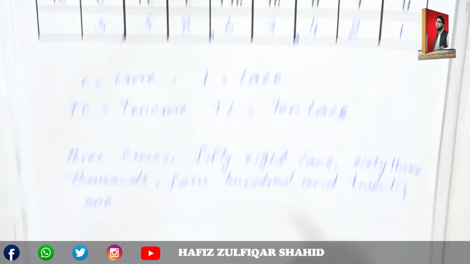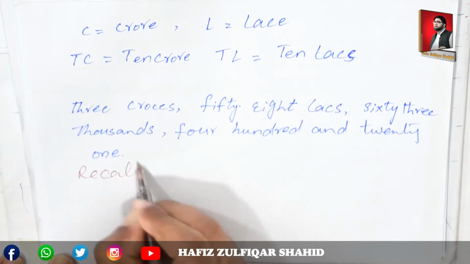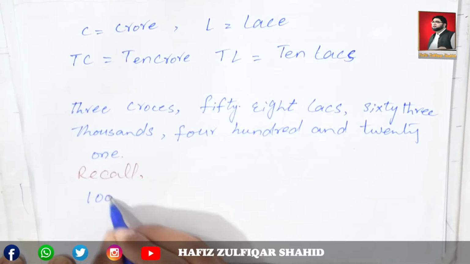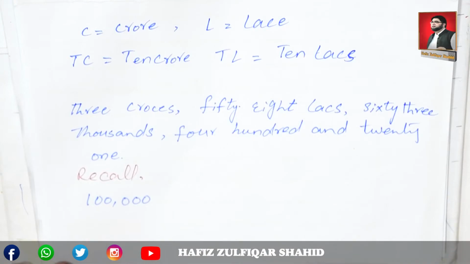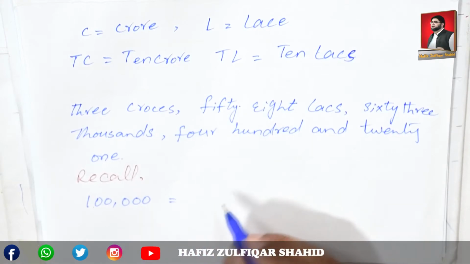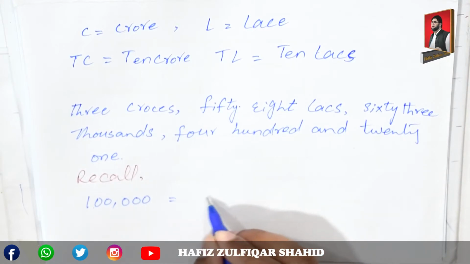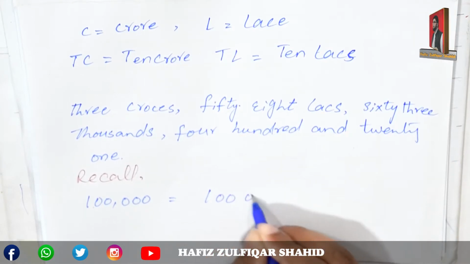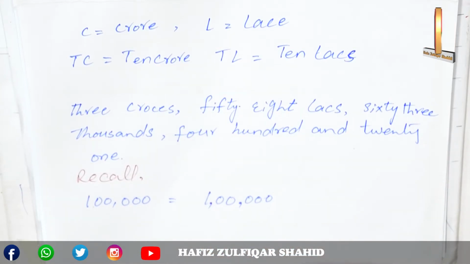Now let's recall. If we have 100,000 in international place value system, we put a comma after every 3 digits, and according to Pakistani place value, first comma after 3 digits, second after 2 digits.